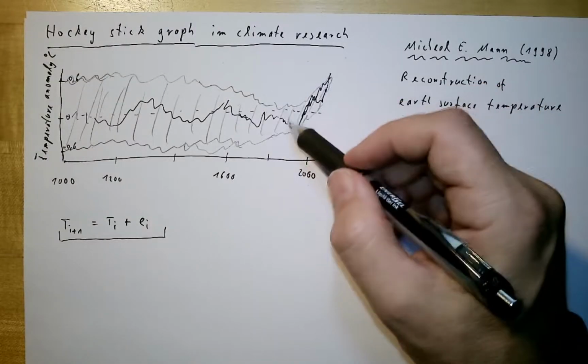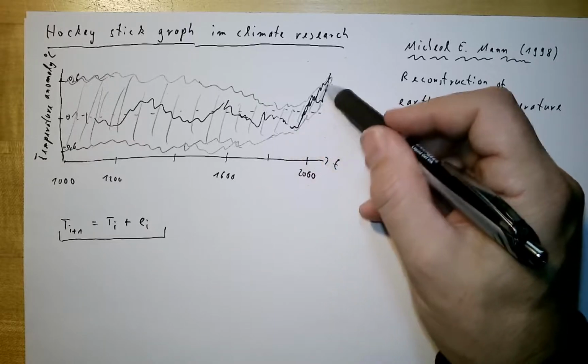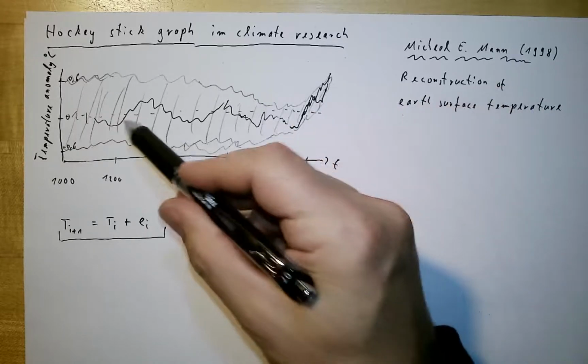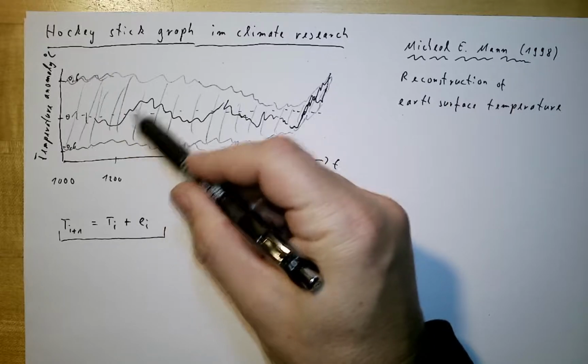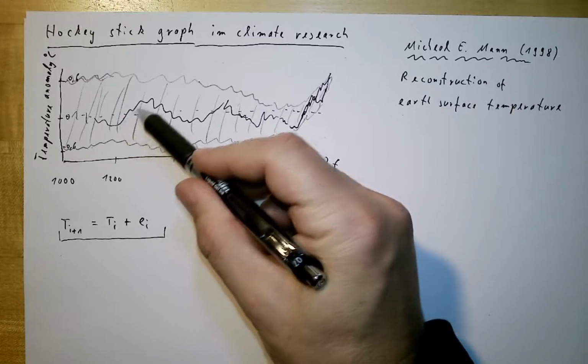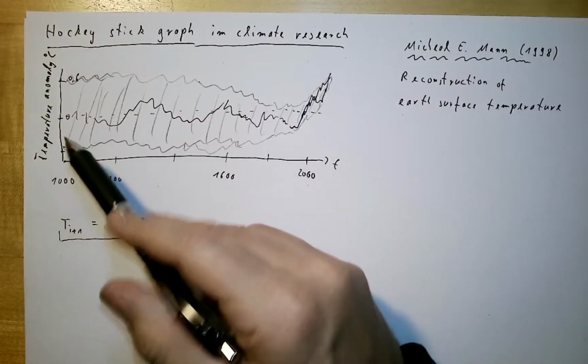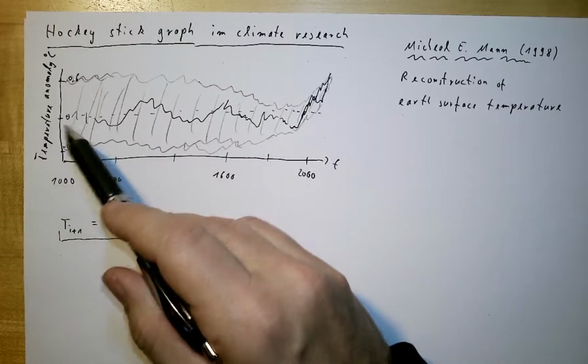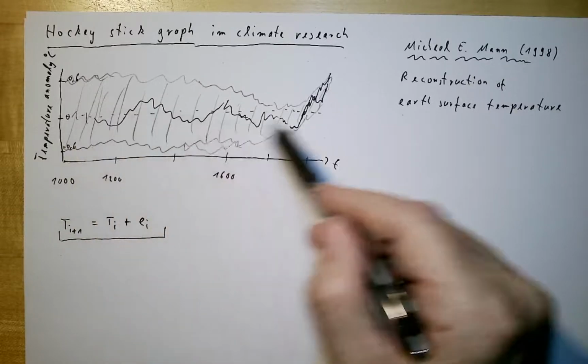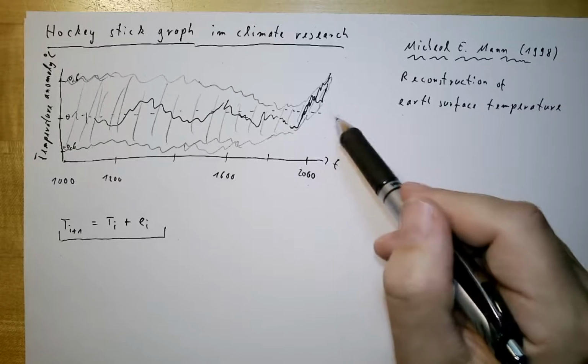But this was now the big debate: is this really warming, or is this just one of these small scale growing phases that you always will expect in such a random walk? And now you have the debate here. We have only a single trajectory. We have only one history of climate on the planet.